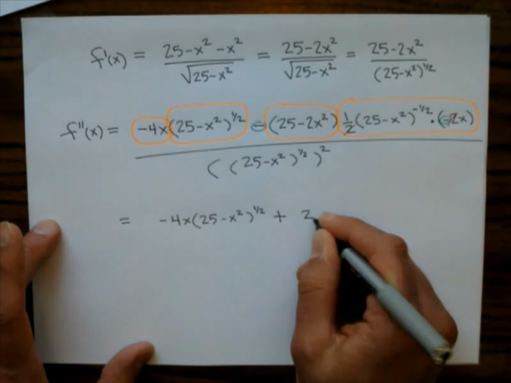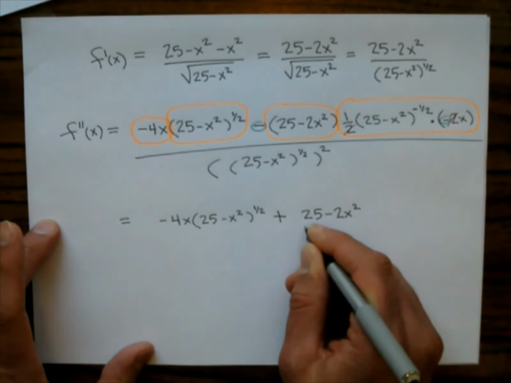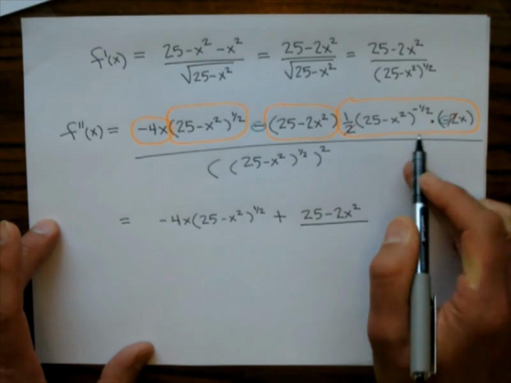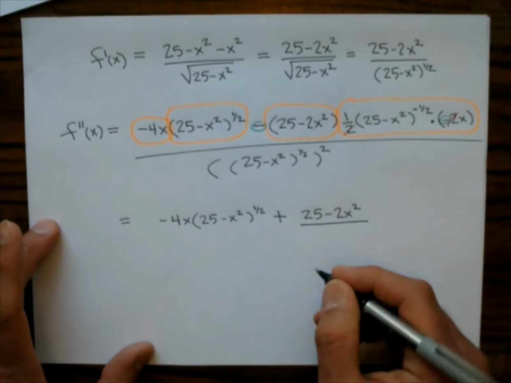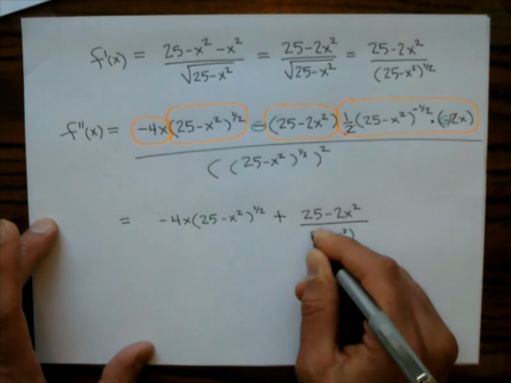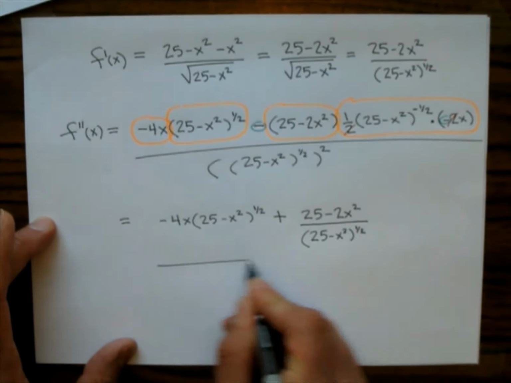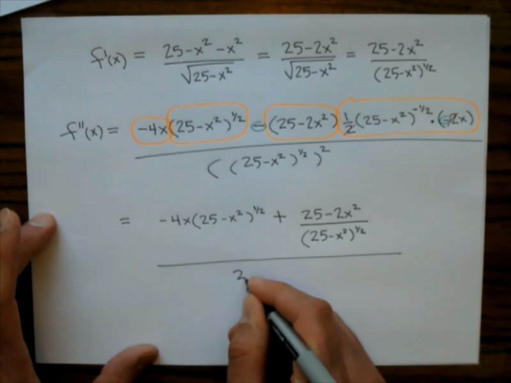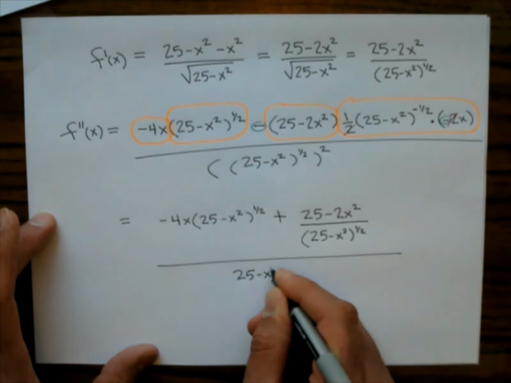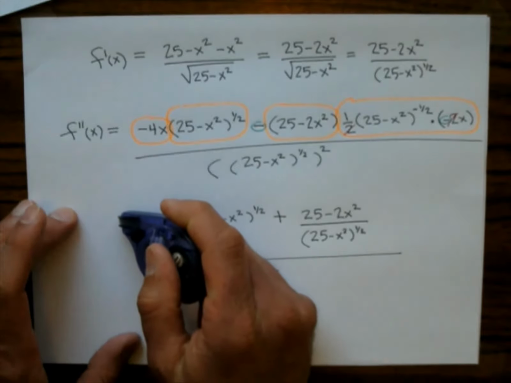So this is 25 minus 2x squared, and on the bottom of this part we have 25 minus x squared to the 1/2 power. This is all over 25 minus x squared. Once again, I'm getting mileage off of this.